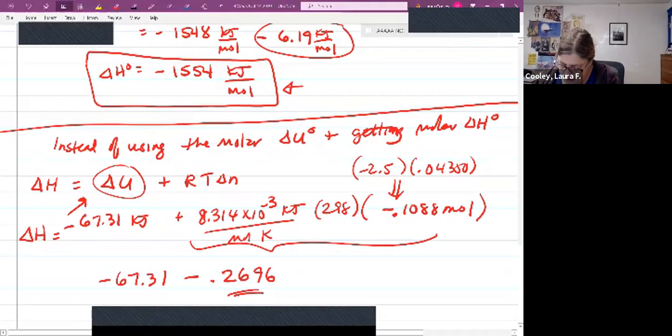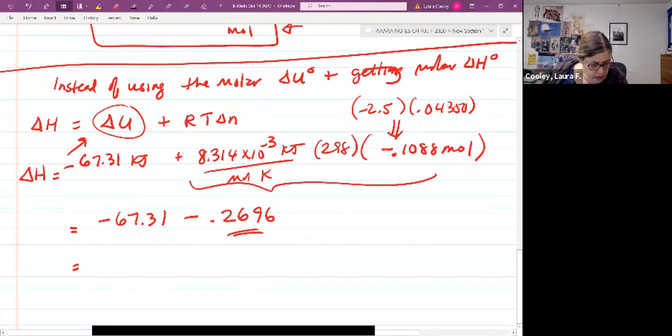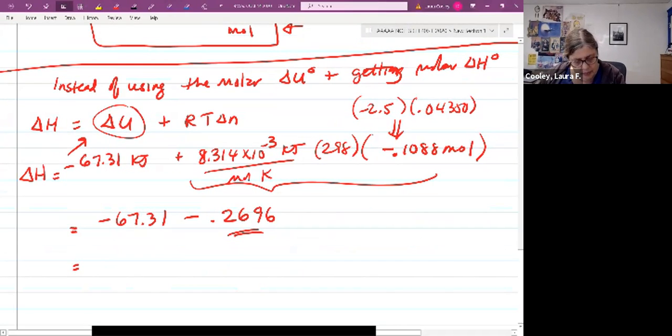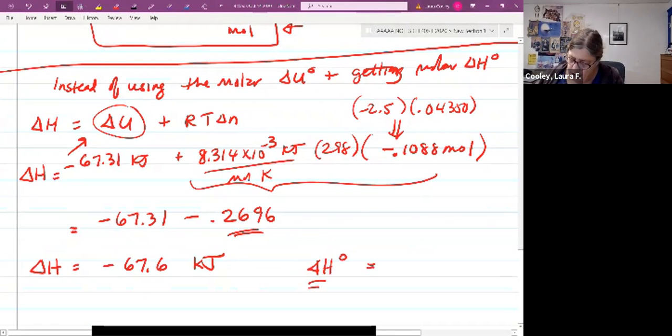Okay. So now if we want to find the molar delta H, we just divide it by the number of moles.